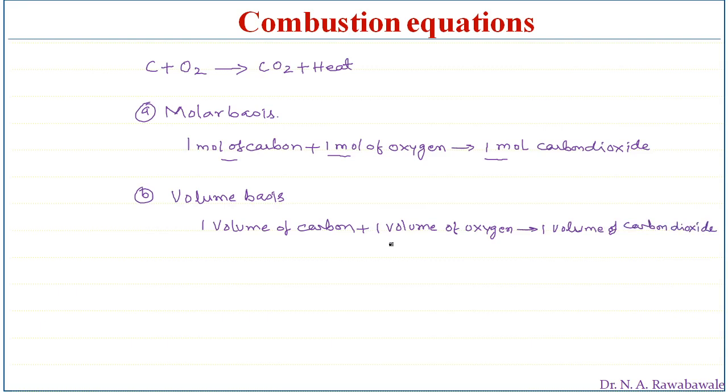Now here we can see the volume of carbon, as the carbon is in solid form, is very small in comparison with the volume of oxygen, that is negligible, and hence 1 volume of oxygen with negligible volume of carbon produces 1 volume of carbon dioxide. Again, it is to be noted that volumes are not conserved during the combustion equation. So 1 volume plus 1 volume is not going to become 2 volumes. That is, volume is also not conserved.